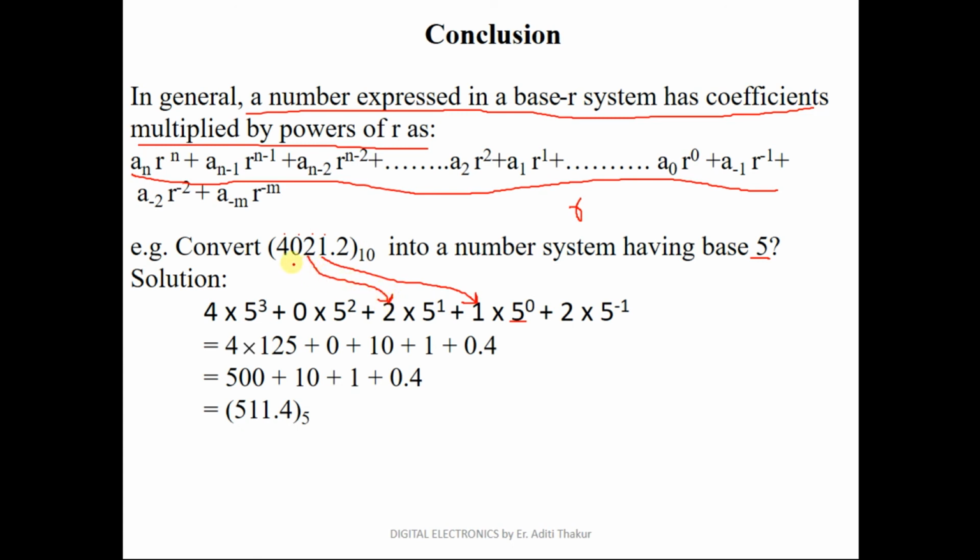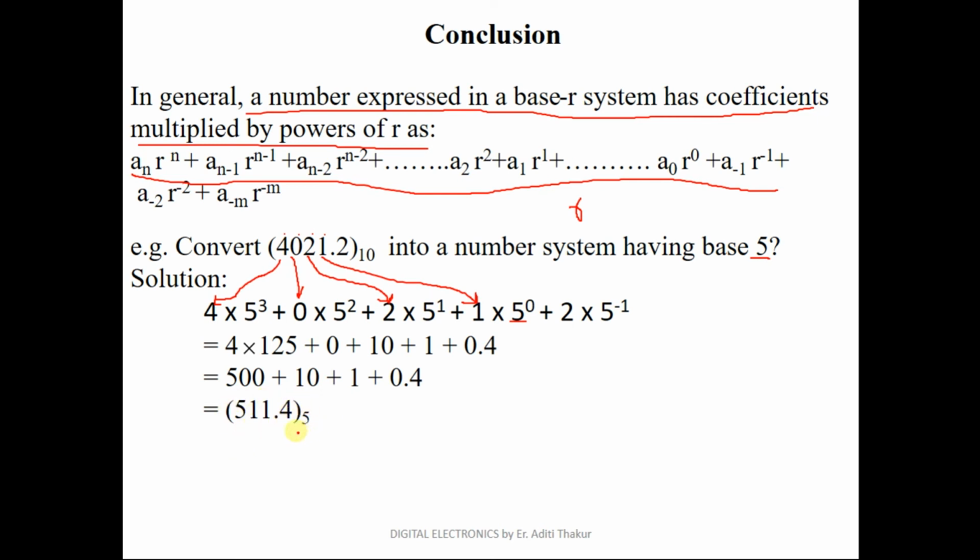Here this 2 comes, here this 0 comes, and here this 4 comes. 4 is at the third position, so we multiply it by 5 raised to the power 3. After the decimal point, the same thing happens. We multiply this 2 by 5 raised to the power minus 1, because this is the digit at position minus 1. When you do all this arithmetic, you will get its equivalent, that is 511.4.